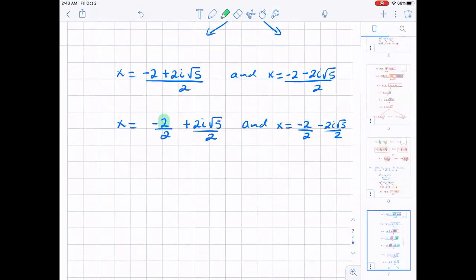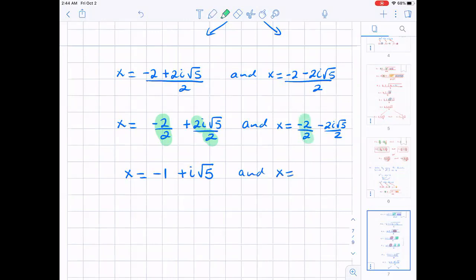So negative 2 divided by 2 becomes negative 1. And also this 2 can cancel out with that 2, leaving 1. So we're just left with i root 5. And then on this side here, same thing will happen.